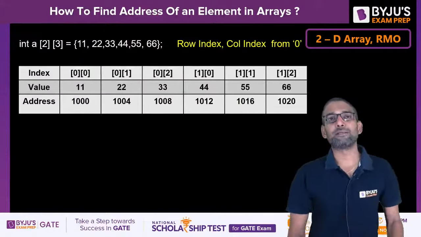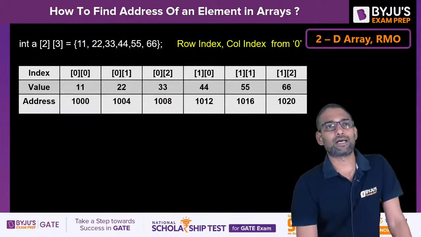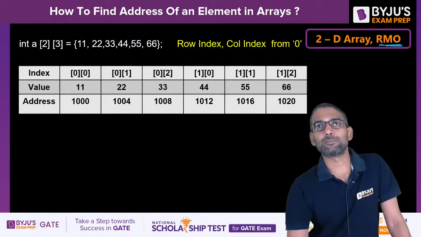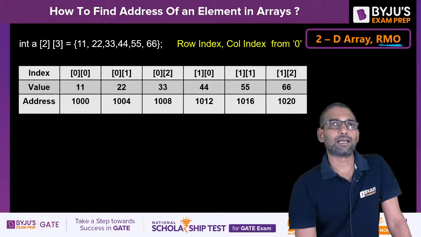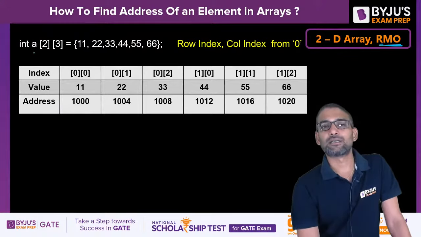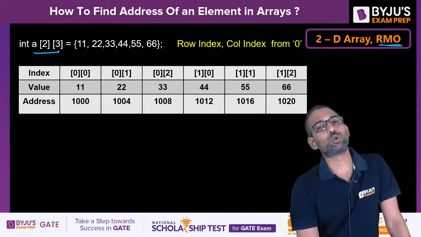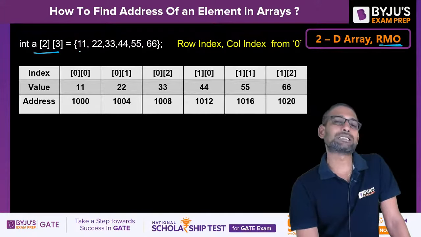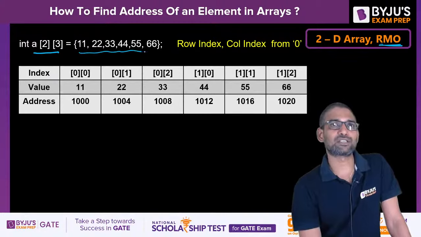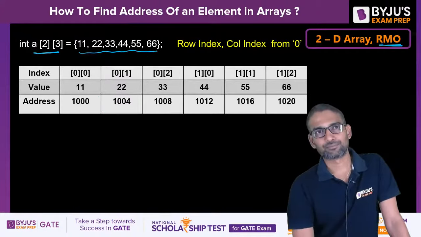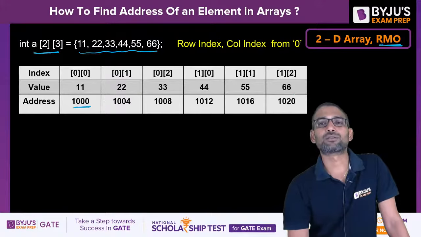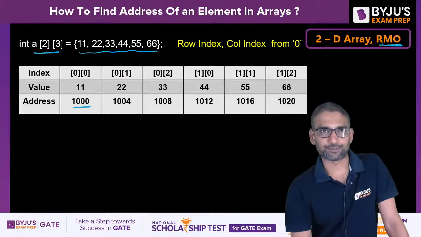So if I am taking a 2D array with row major order, and the 2D array is this: A of 2, 3, 2 rows, 3 columns. So total 6 values I have initialized like this. Let us take 1000 as the base address. So these would be the addresses.